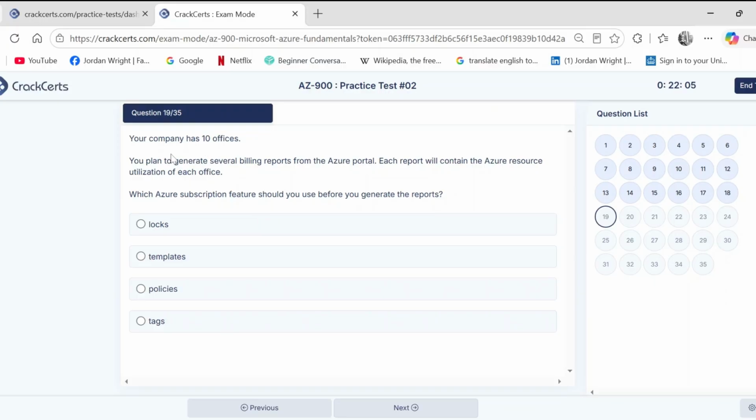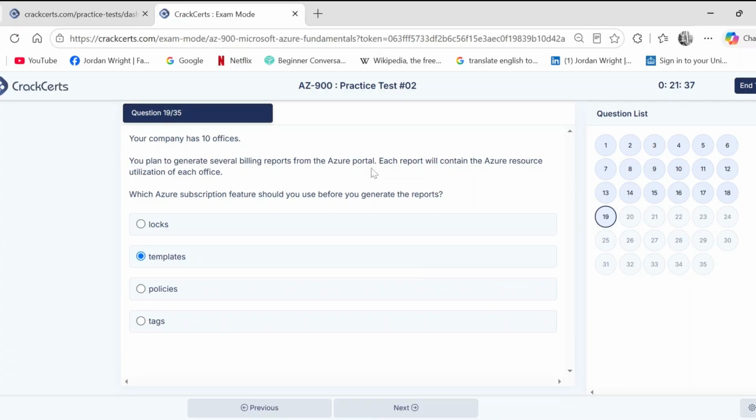Yeah, because if you plan to generate several billing reports, it's got to be a template, isn't it? So you can replicate it. Yeah, it makes sense. Shall we go with templates? Yeah, let's go with that.